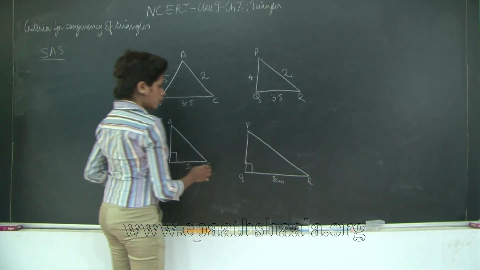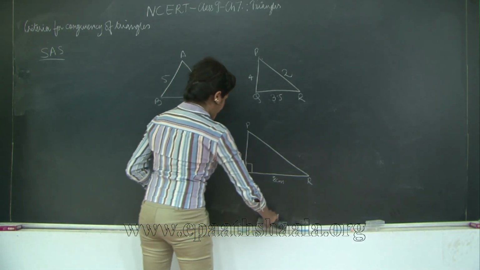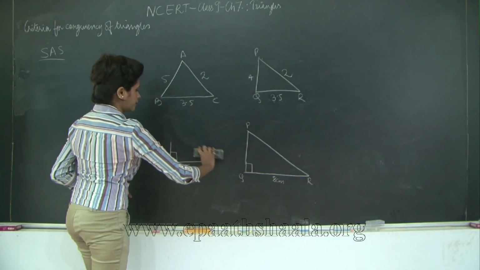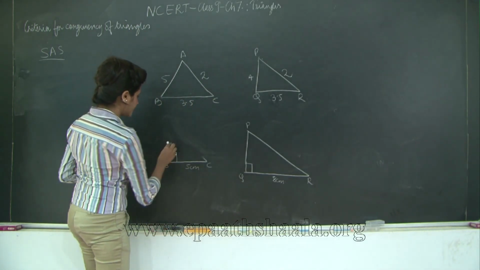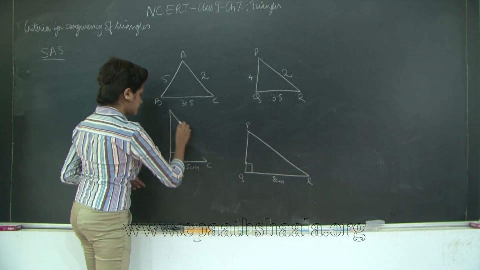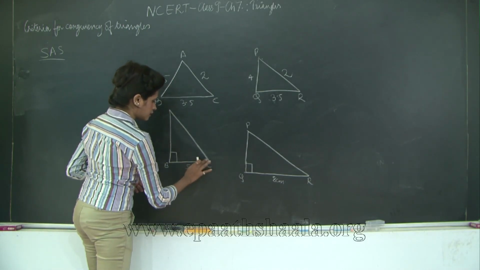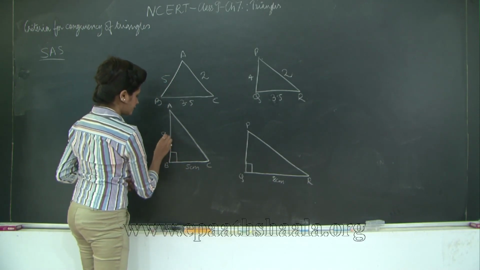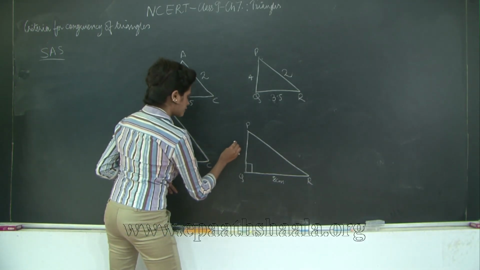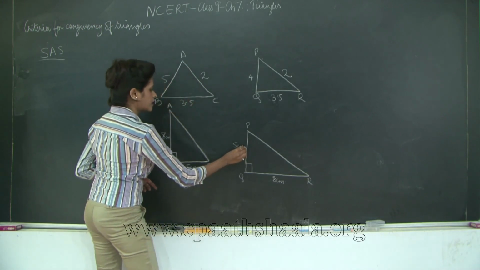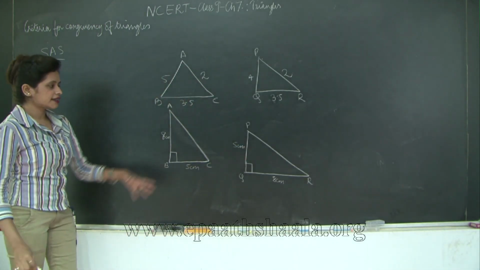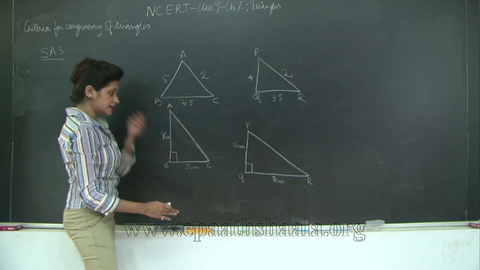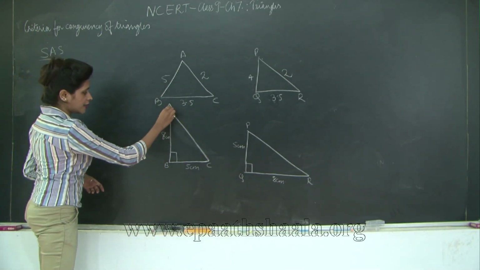But what if I just modify my triangle ABC, can I say that the two triangles are congruent? You will notice that yes, the two triangles are congruent. Now how? See, I will take ABC.